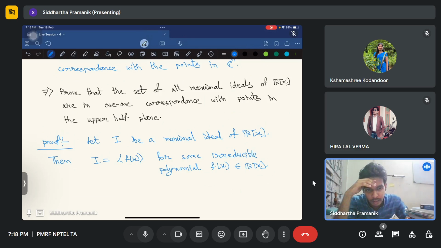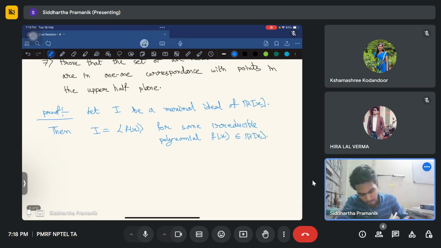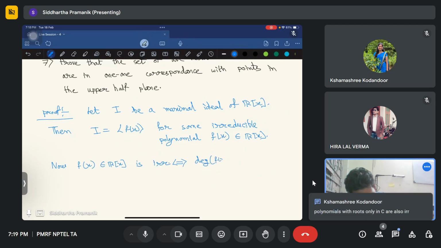First of all, degree 1 polynomials are always irreducible. The question is, are there any more? Polynomials with roots only in C are also irreducible.